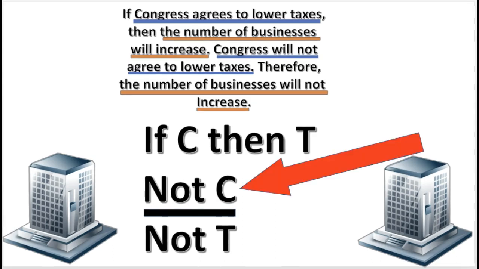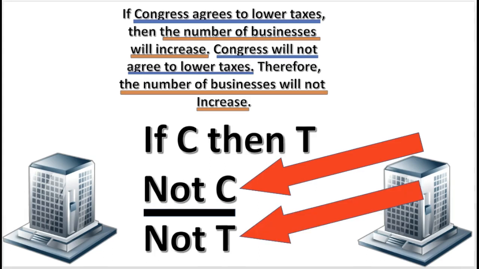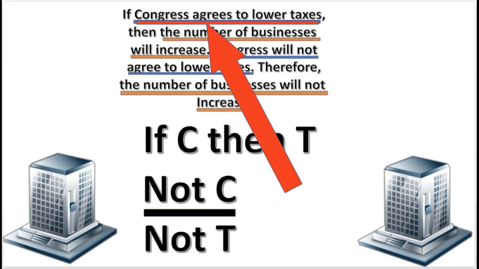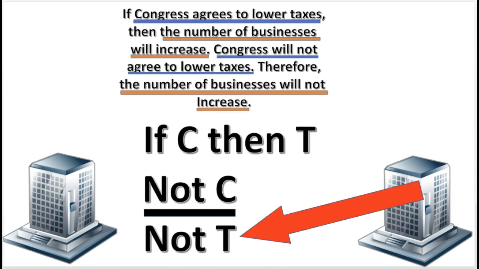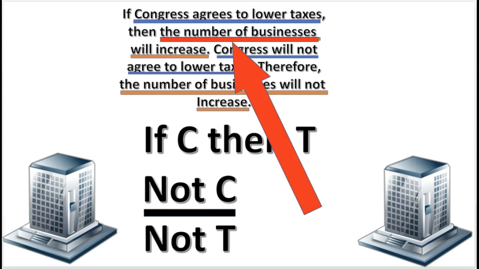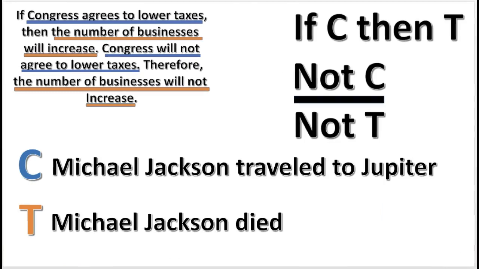So the form of the argument is like this. All right, now notice that C and T stand for whole statements. C stands for Congress agrees to lower taxes, and T stands for the number of businesses will increase. So we will now invent two new statements to substitute in the place of C and T that will make the premises true and the conclusion false.